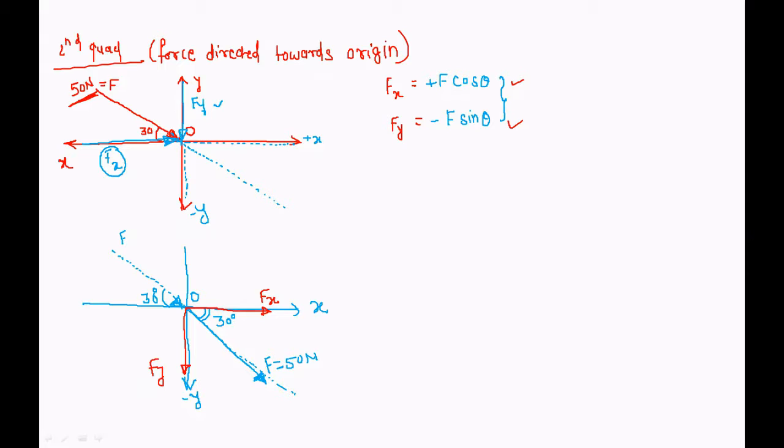That means actually the force is in the fourth quadrant. Okay. So when we resolve the force, we have to observe the direction of the force, whether it is directed towards the origin or away from the origin.